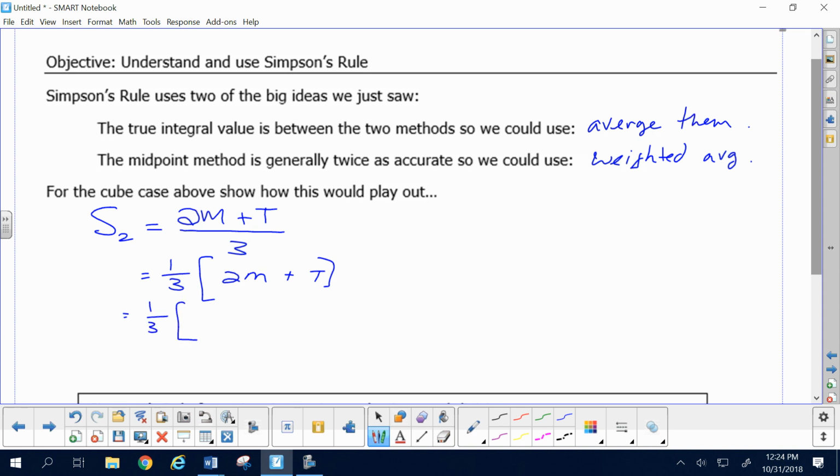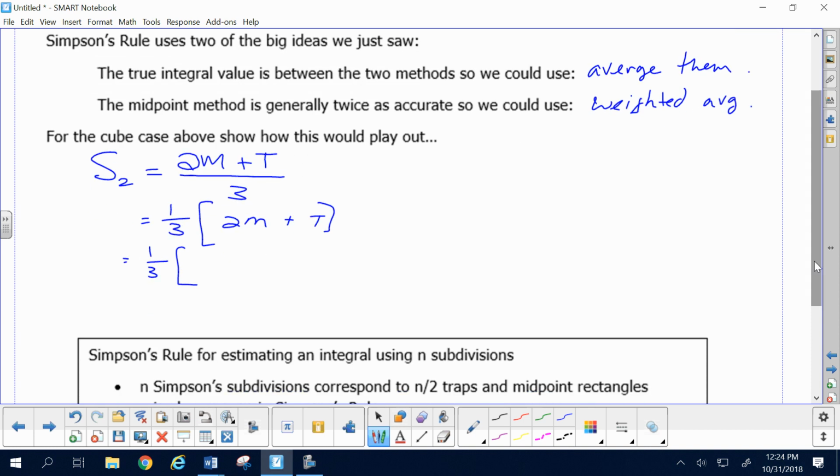Now, 2m would be something like 2 times the midpoints. They were 2 wide, and the heights were f at 1 and 3, right?